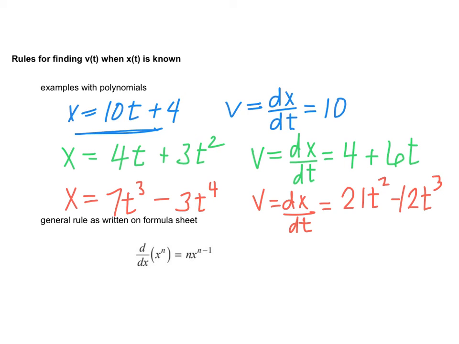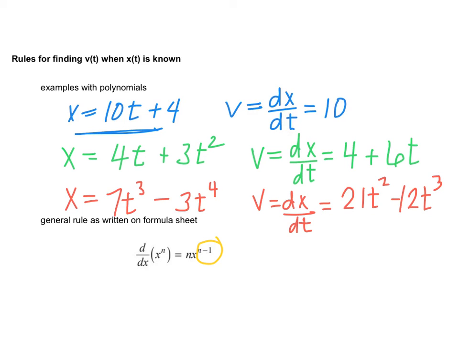I want you to notice what I'm doing here. I'm following the rule that's down below. The rule says that if you have an exponent, you reduce that exponent by 1. If the exponent in the original function is n, the exponent in the new function is going to be n minus 1.